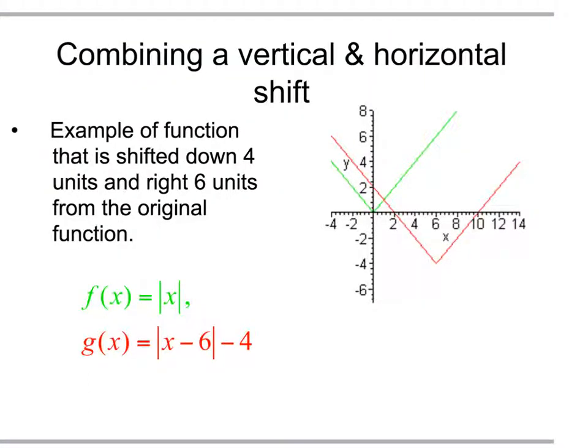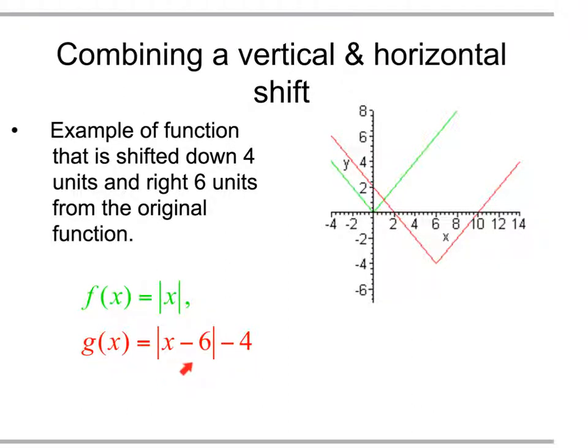In this example, the green is the parent function. It is the absolute value function. However, we can tell that going from the green function to the red function, it went over to the right a certain number of units and it went down. So we're combining translations.